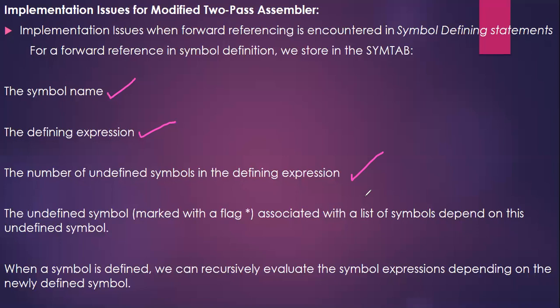So when we go through the complete program, whenever we identify the new values of the undefined symbol, based on point number 4, the references and relationships we have, recursively we can evaluate the dependent symbol values. How will we do that? We'll take one example.